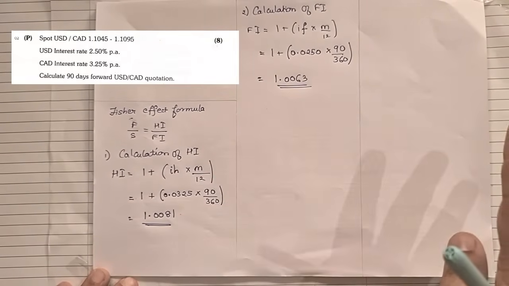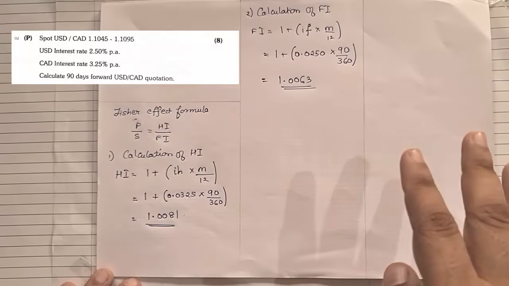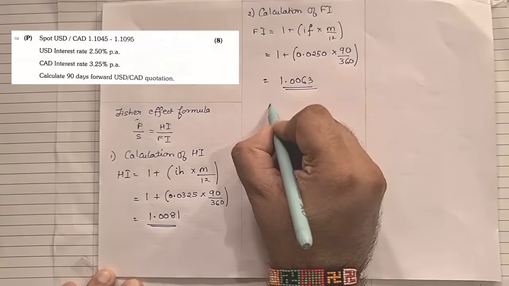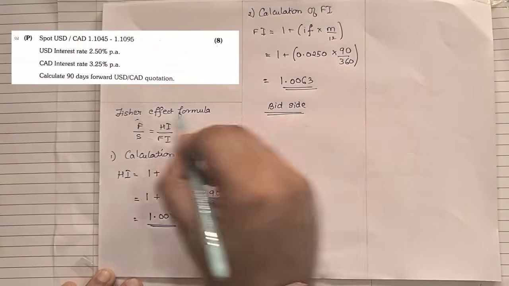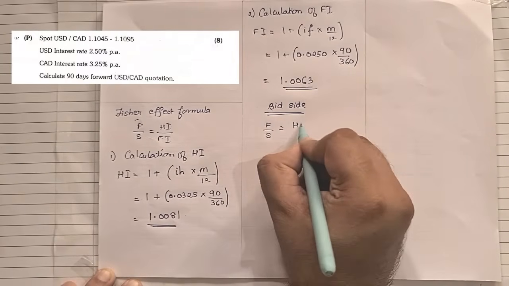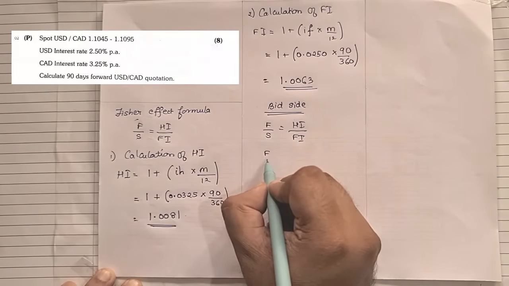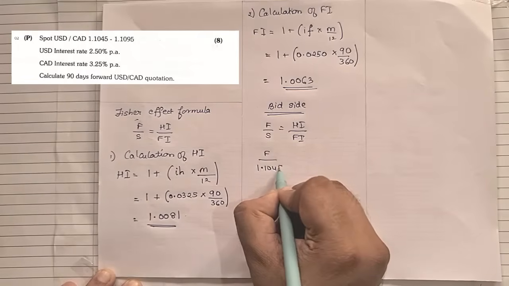Now if you see in the question, for the spot rate they're giving you the bid rate also, and they're giving you the ask rate also. So spot has bid and ask. Now we'll do it for the bid side. For the bid side, the formula remains the same. F upon S is equal to HI upon FI. Forward we need to find. Spot rate given is 1.1045.